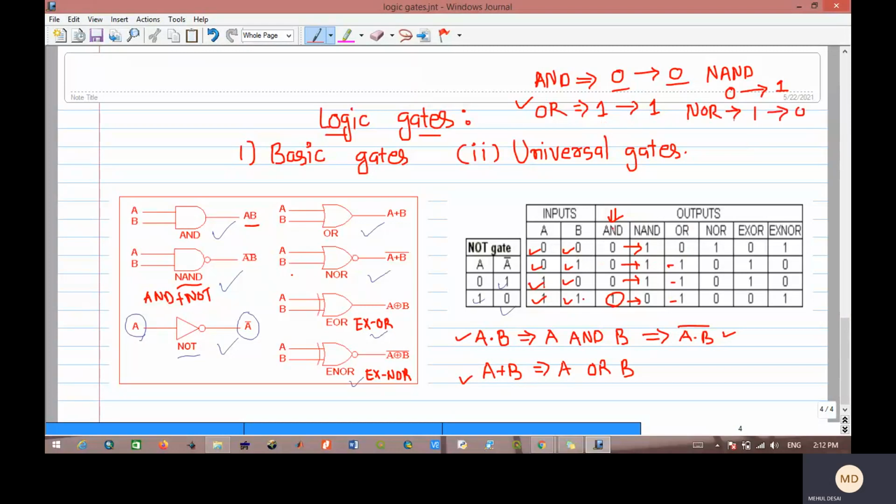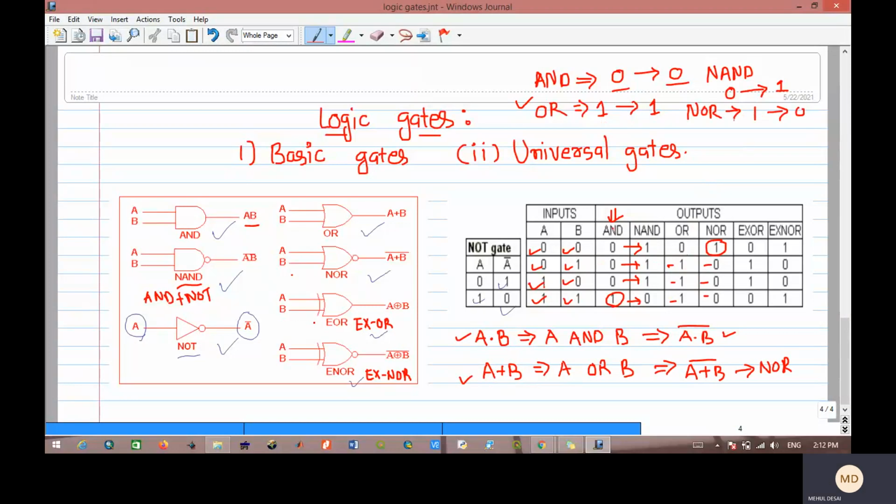When both inputs are 0, we get only output 1. Similarly, A plus B, or A or B, is the Boolean expression of the OR gate, and (A plus B) whole complement is the Boolean expression of the NOR gate. So this is the AND gate, NAND gate, OR gate, and NOR gate.